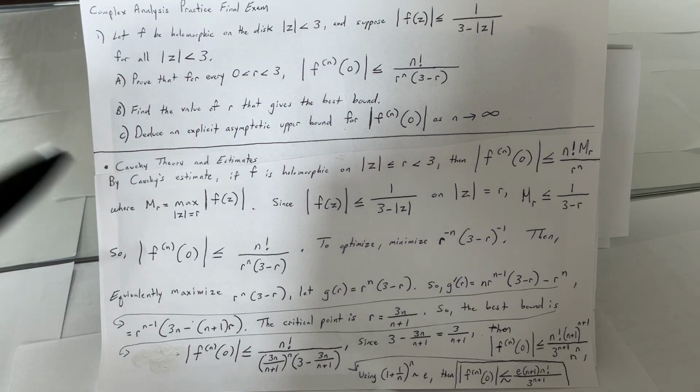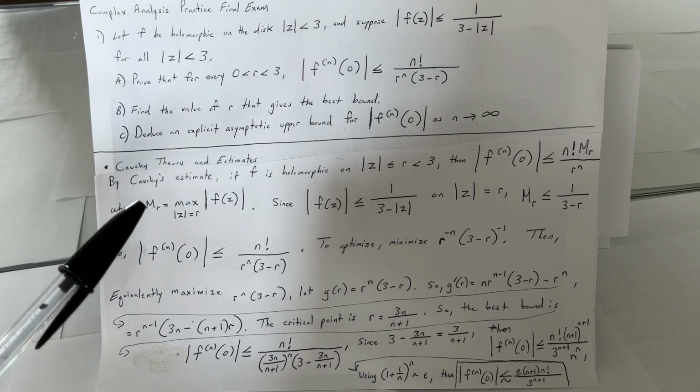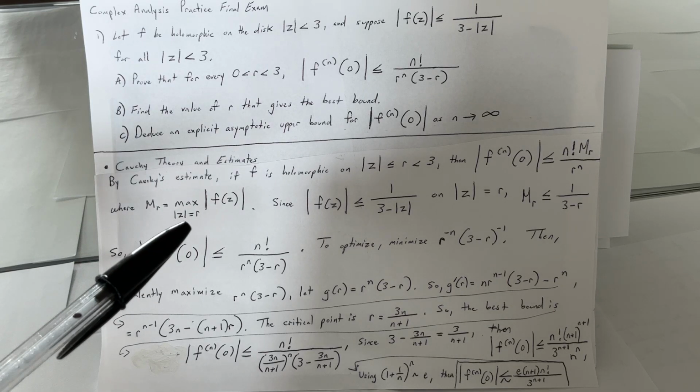So this is a Cauchy theory and estimates problem. By Cauchy's estimate, if f is holomorphic on absolute value of z less than or equal to r, which is less than 3, then modulus f^(n) of 0 is less than or equal to n factorial M_r over r to the n, where M_r is the max of absolute value of f of z on absolute value of z equals r.